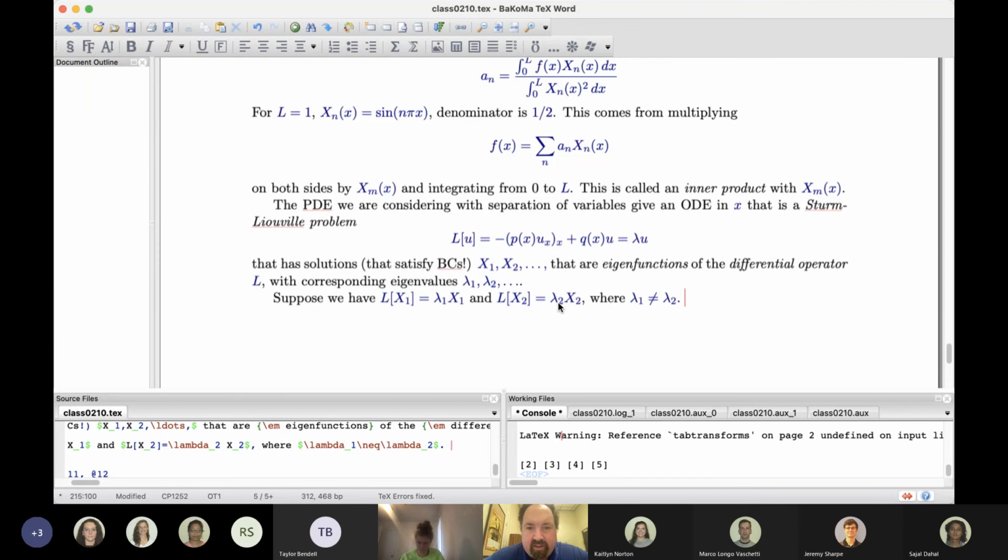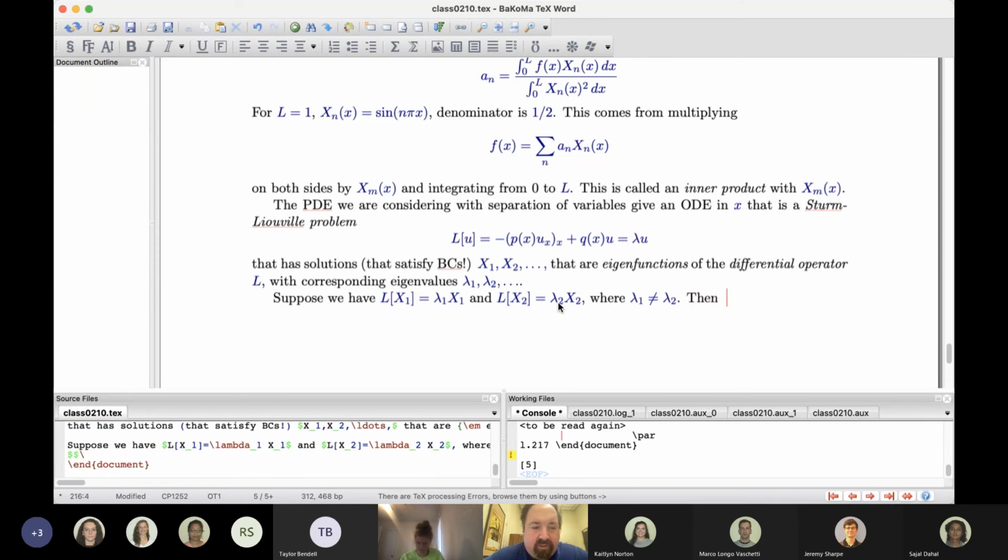Then, if I look at this integral on whatever domain I have, 0 to L, of x1 times L applied to x2. Well, L of x2 is lambda 2 x2. Constant lambda 2, I'd pull out.